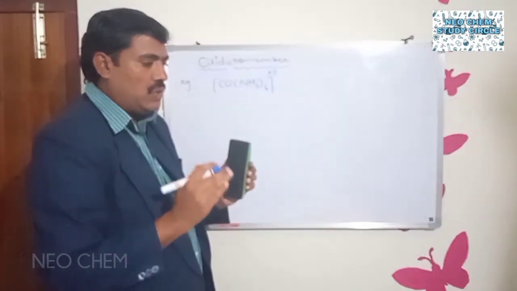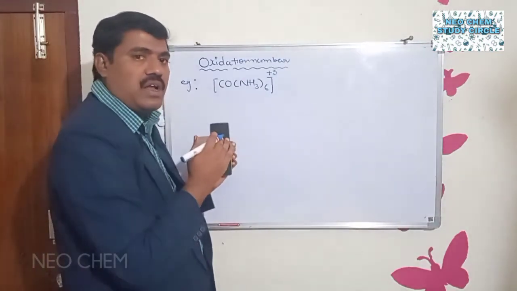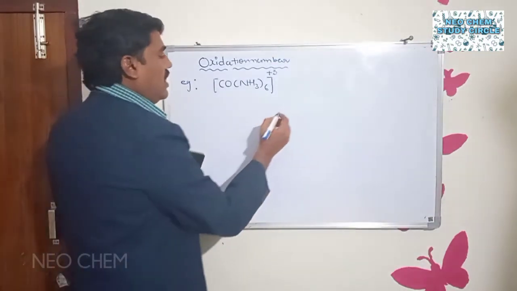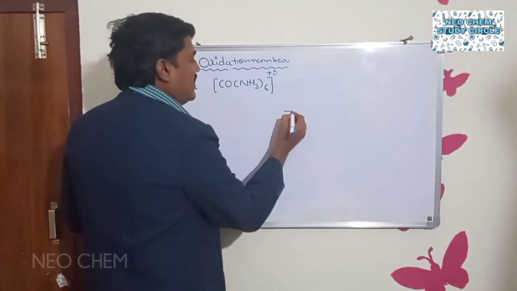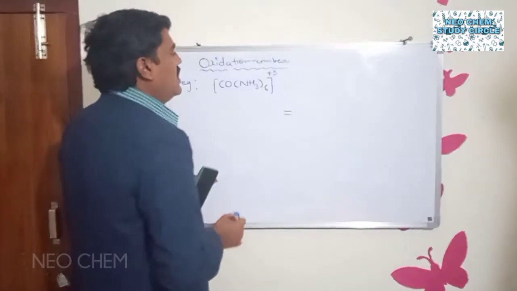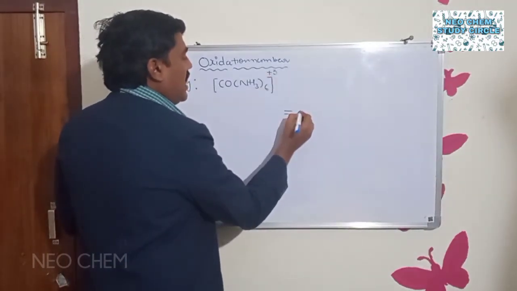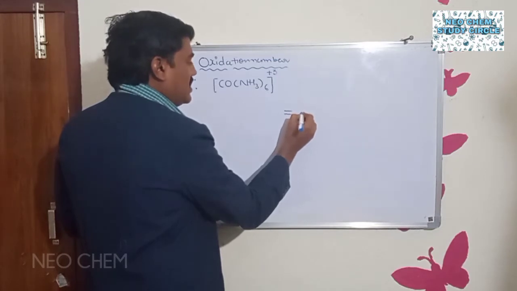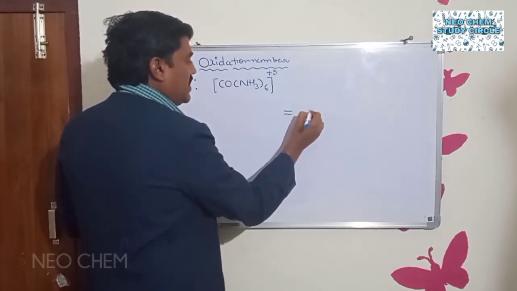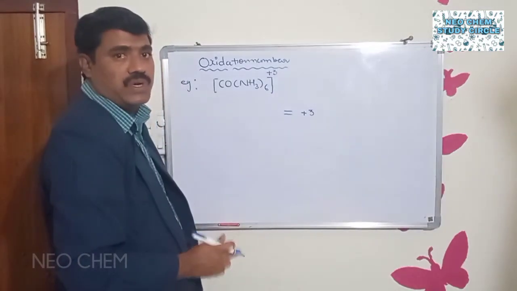Okay. To identify the oxidation number of central metal atom, first of all, we will write an equation. Now, write the charge of the complex sphere on the right hand side of the equation, plus 3. This is the charge of the complex sphere. Okay.